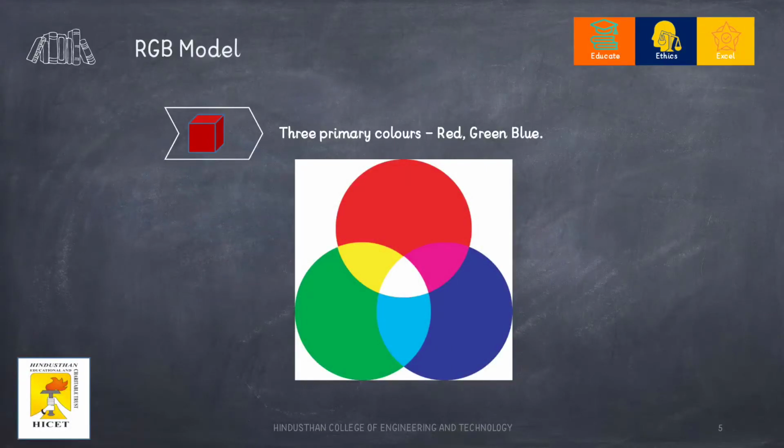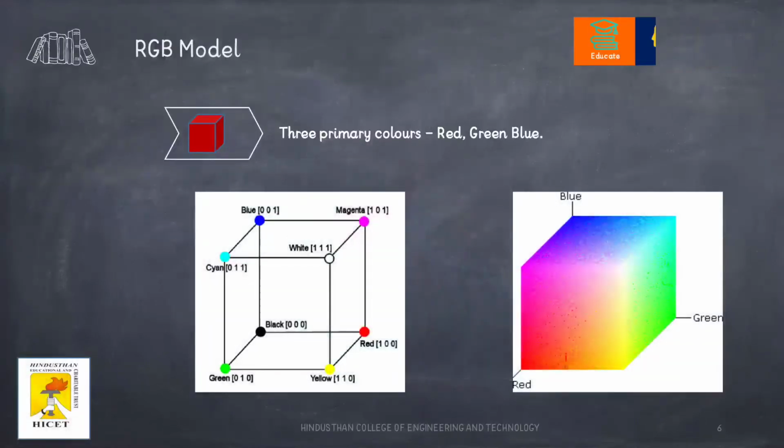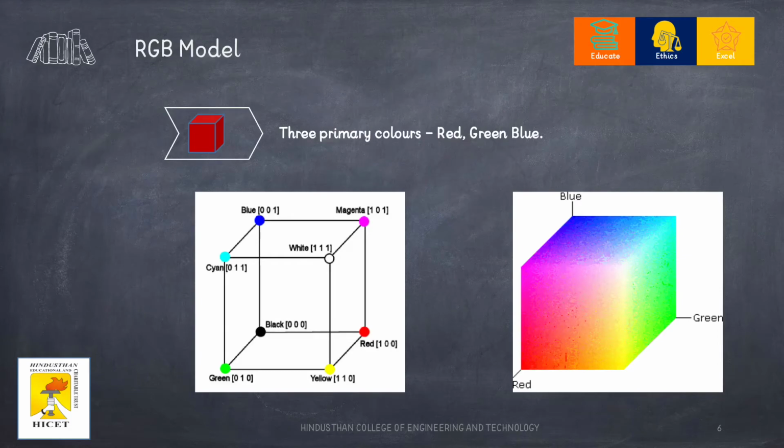These are the three primary colors, red, blue and green. And when they are added up, you can see the secondary colors being formed. When all three primary colors are added up, it ends up with white color. Now, this is the color cube which shows the location of the color coordinates.